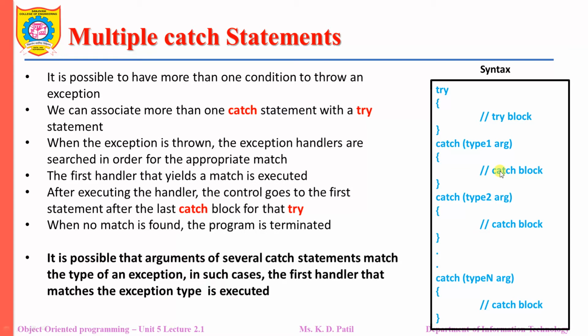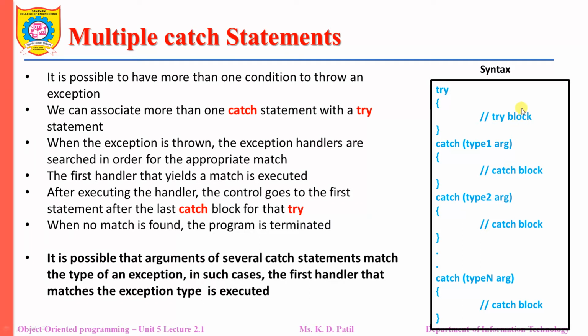When the exception handlers are searched in order and the match has been found, that appropriate block will be executed. The first handler that yields a match will be executed. After executing that respective handler, the control goes to the first statement after the last catch block for the try.